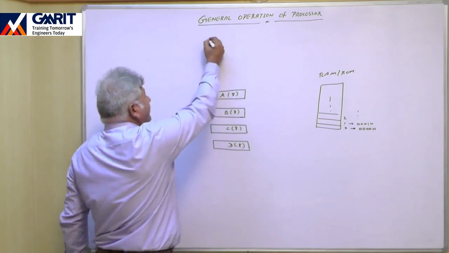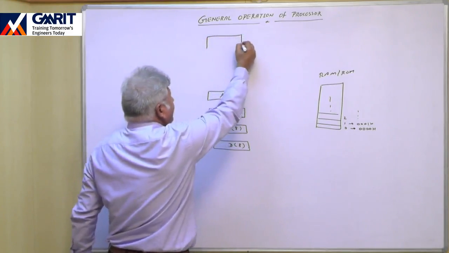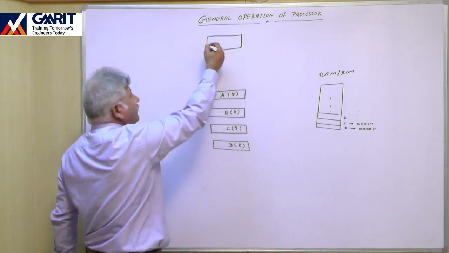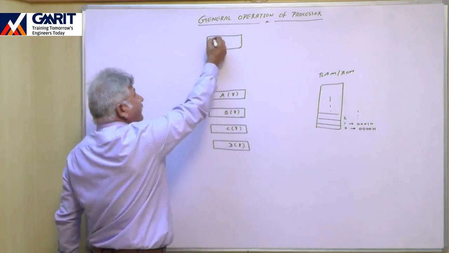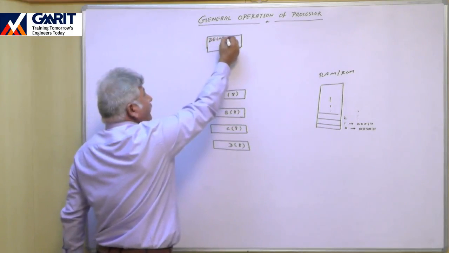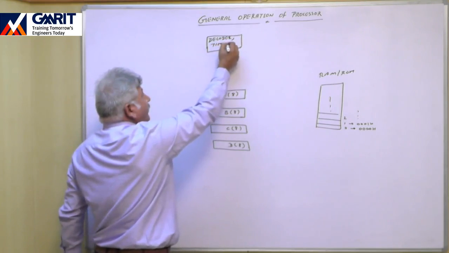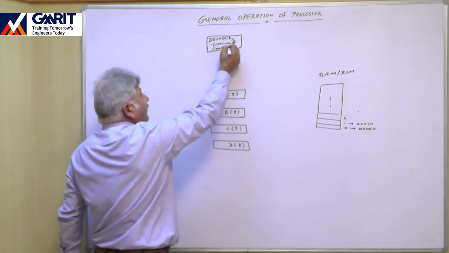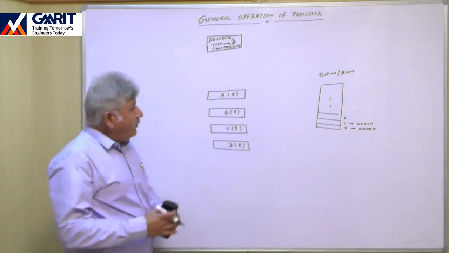Now what else is there inside a processor? We already discussed that inside a processor there is a timing and control unit. Now I will add another thing here, the decoder.